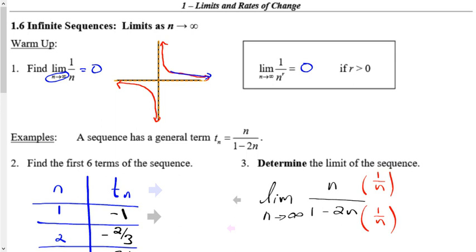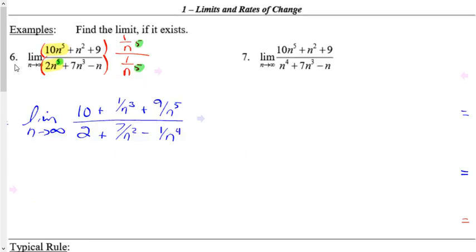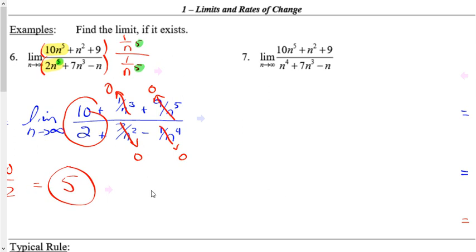So each of these terms where we have an n in the denominator is going to go to 0. It goes to 0, goes to 0, goes to 0. What am I left with? 10 over 2. What does 10 over 2 reduce to? It reduces to 5. And there we go.